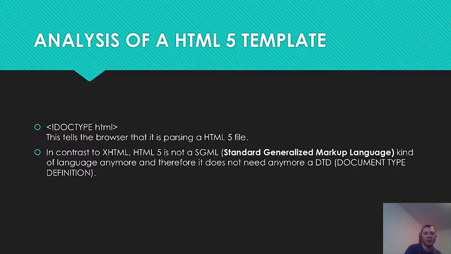So basically the document type definition was like a grammar that told the browser what was the next element or the next property attached to a tag that it had to expect, so to speak.